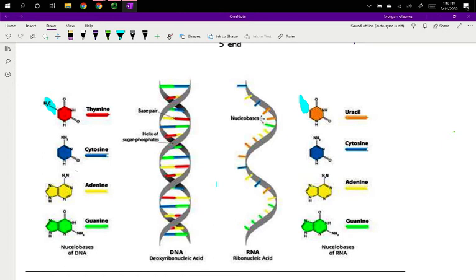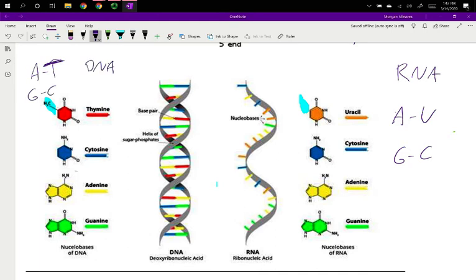It still has the same hydrogen bonding pattern, so you get A and U, G and C when you're doing RNA, where you get A and T, G and C when you're doing DNA. It's basically identical except for that methyl. But it makes its stability a little bit different, and it makes how molecules fit together slightly different.